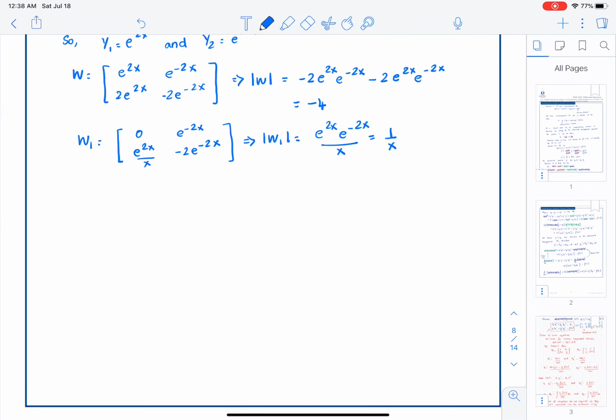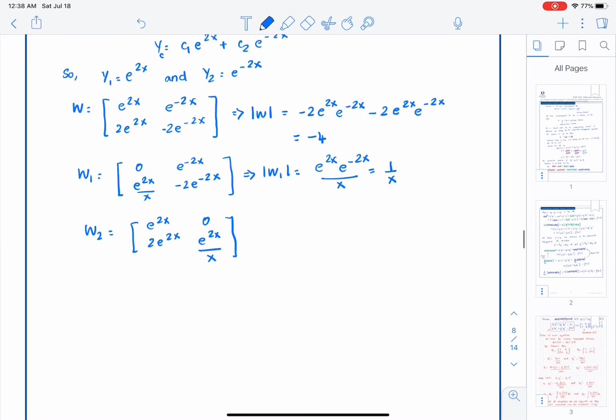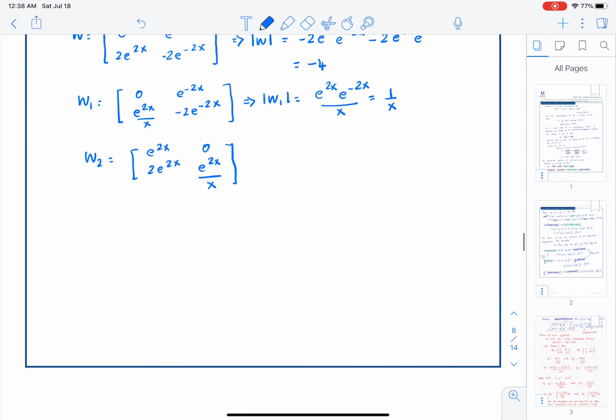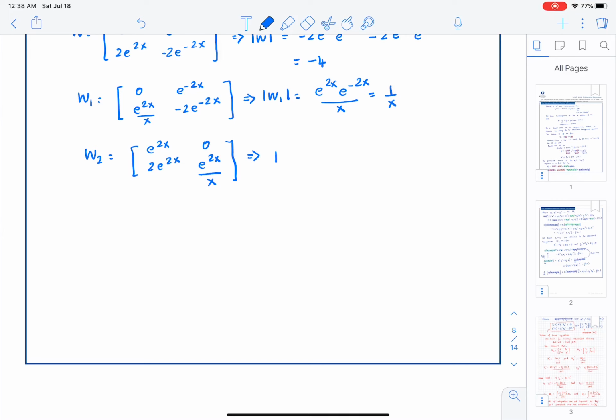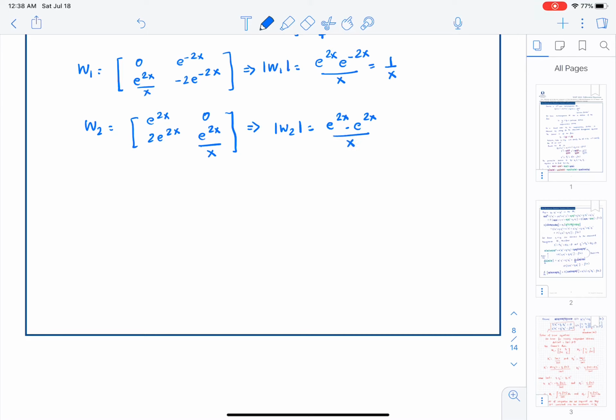We will get 1 over x. w2 is e raised 2x, 2 e raised 2x, 0, e raised 2x divided by x. w2 would be equal to e raised 2x times e raised 2x over x, which is e raised 4x over x.